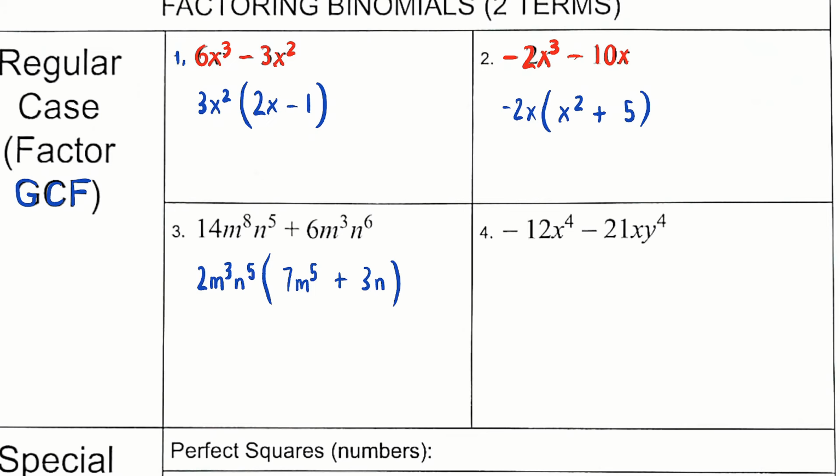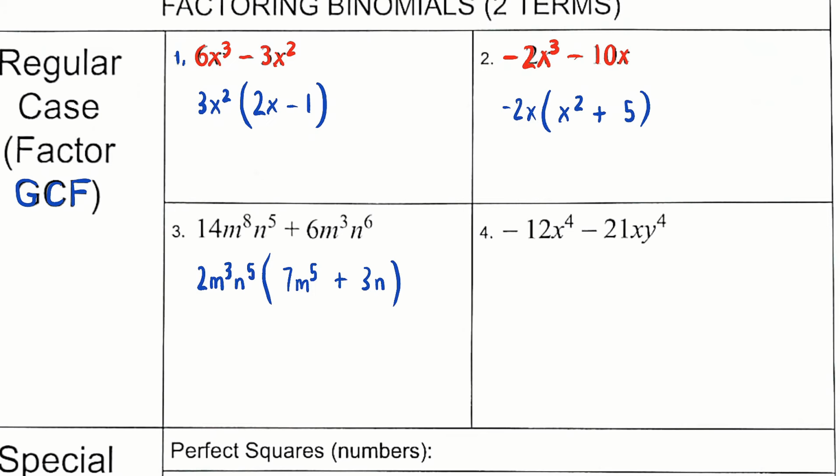So this one, we got negative 12 and negative 21. So you know you can't use like a 2, but try to think bigger. Okay, 12 definitely won't go. 6 won't go. 4 won't go. So 3. 3 is the biggest value that goes in.